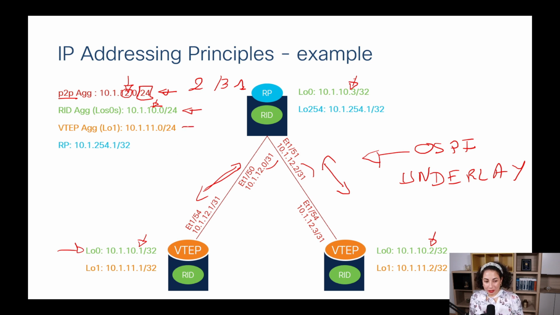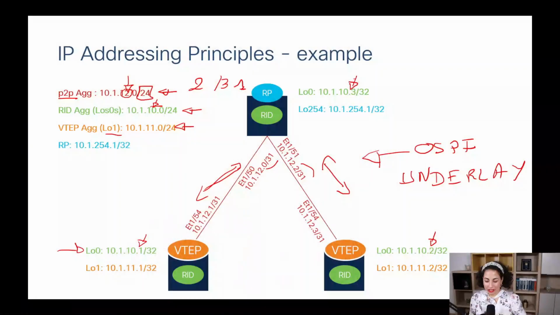Now comes the third type of interface, which is the Loopback 1 interfaces. The Loopback 1 interfaces are the ones that designate the VTEPs hosted on each leaf. As we mentioned multiple times, the spine does not have a VTEP, so the VTEPs live only on the leaves.